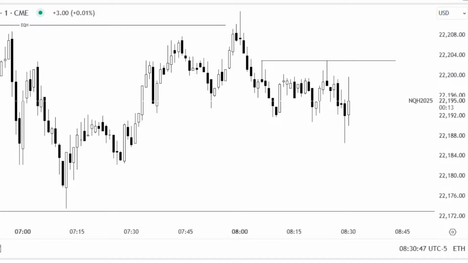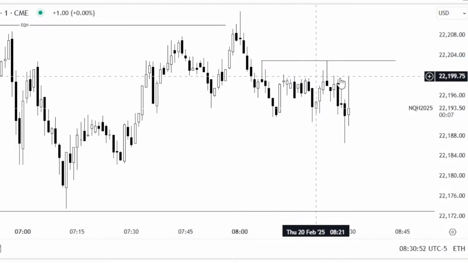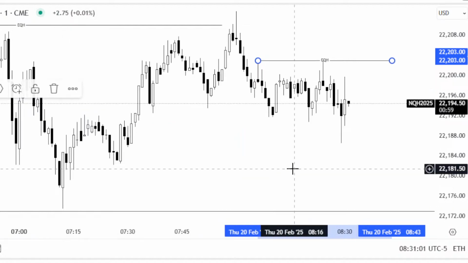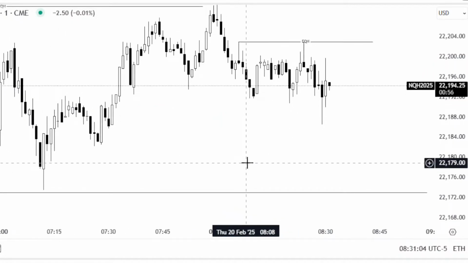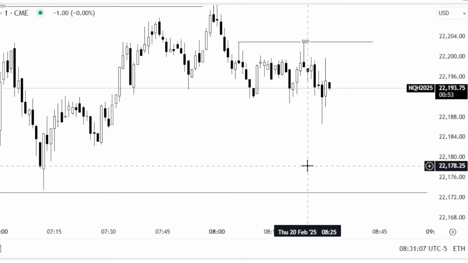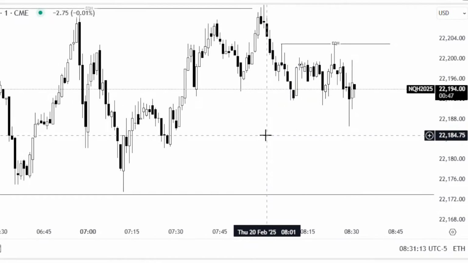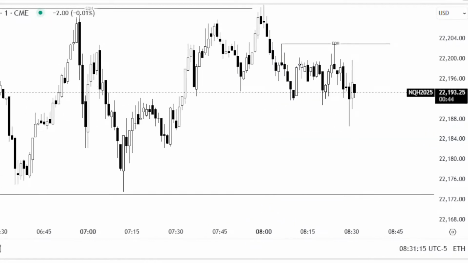Not the type of candle that I anticipated here, but I guess it is what it is. Let's see if we get anything up here. Equal highs. Equal lows here. Let's see.